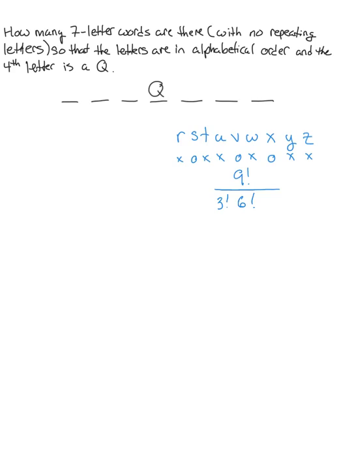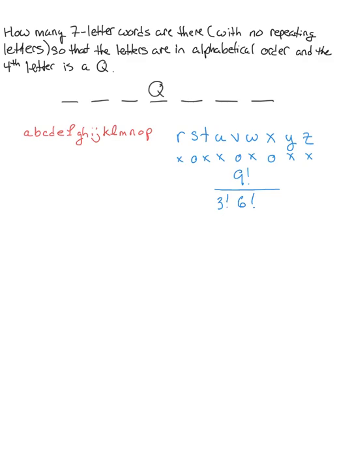So now that is the right-hand side. Now the left-hand side is very similar. I'll just choose red. On the red side, we have the letters A, B, C, D, E, F, G, H, I, J, K, L, M, N, O, P, Q. Well, we don't have Q there because it's already in the center.